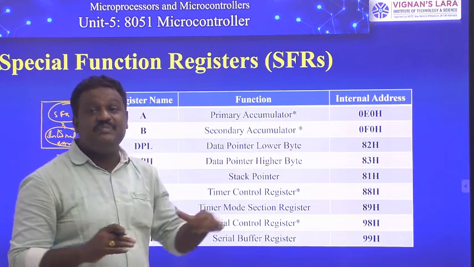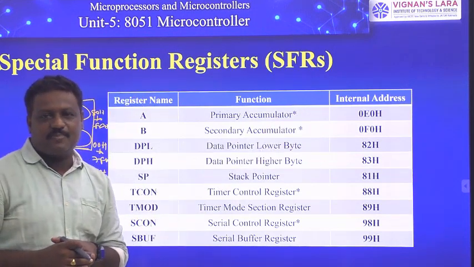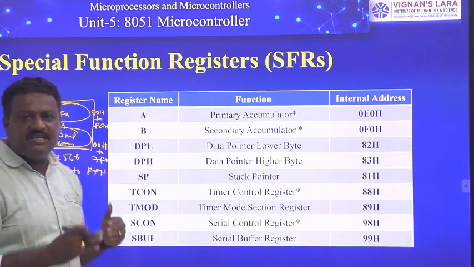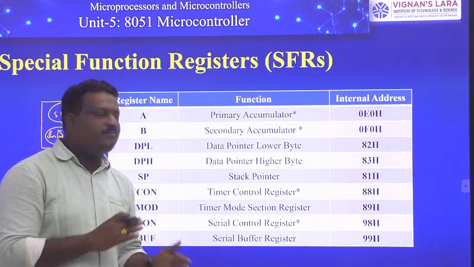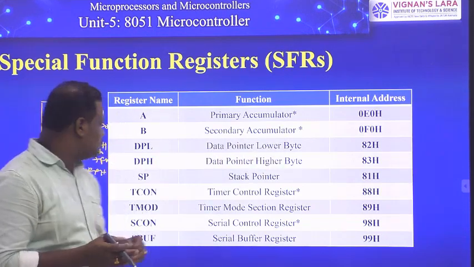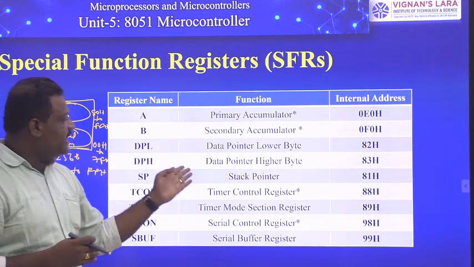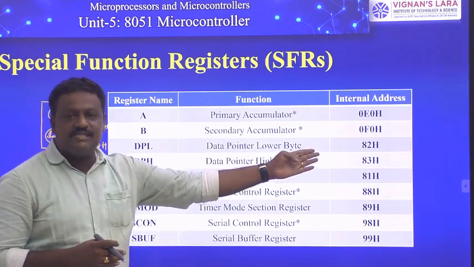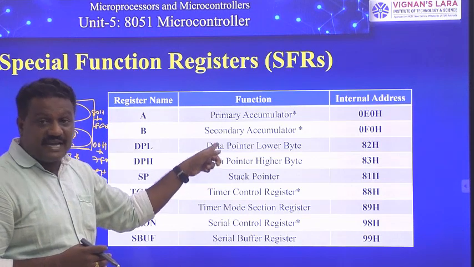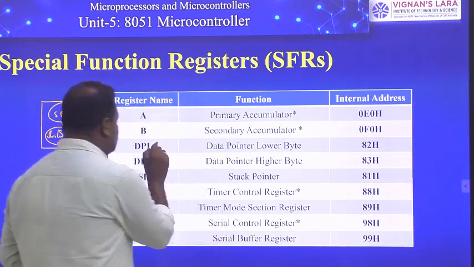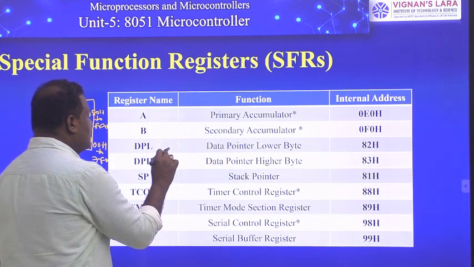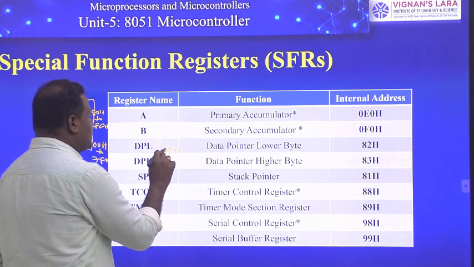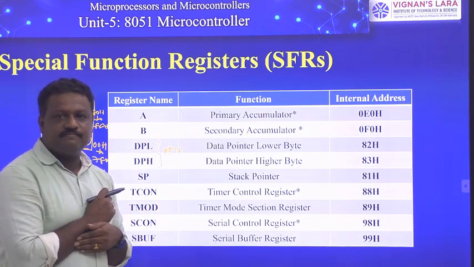Both are bit addressable registers. Thereafter DPL means data pointer register lower byte, whose address is 82H. Next DPH means data pointer higher byte, whose address is 83H. These two are byte addressable. The combination of these two gives us the DPTR register, the data pointer register.